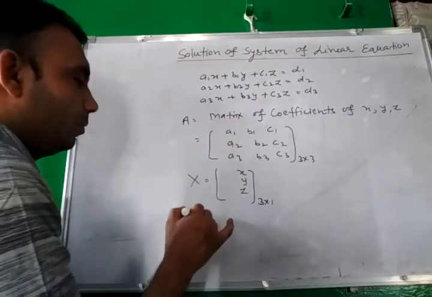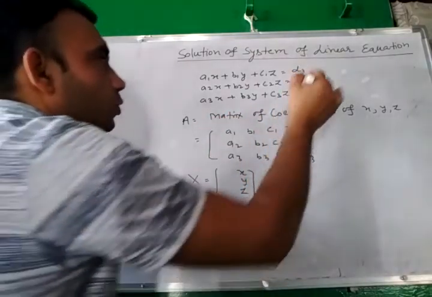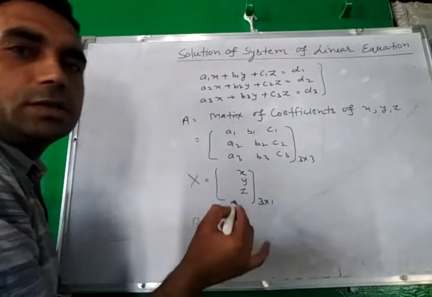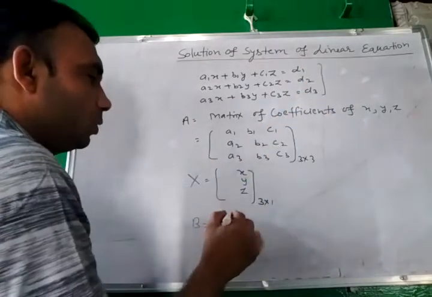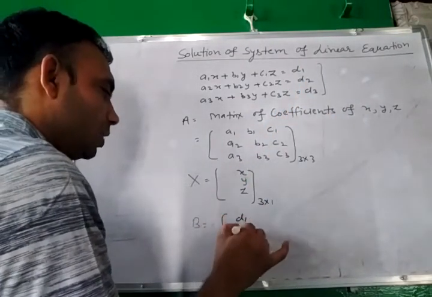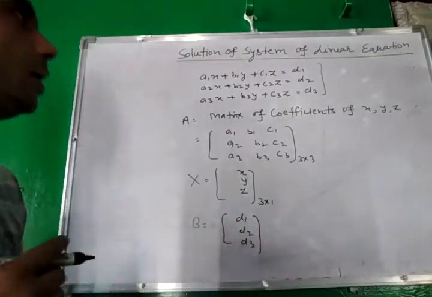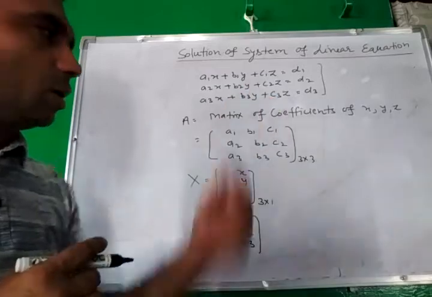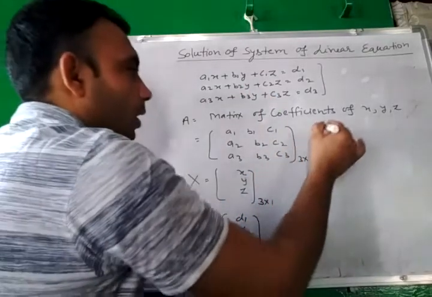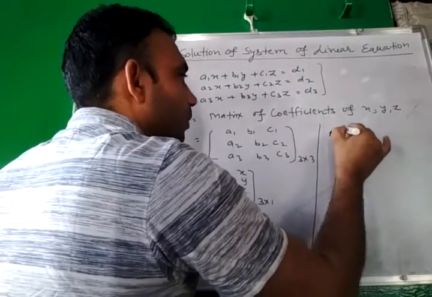Again, let matrix B be the matrix of the right-hand side constants d1, d2, d3.